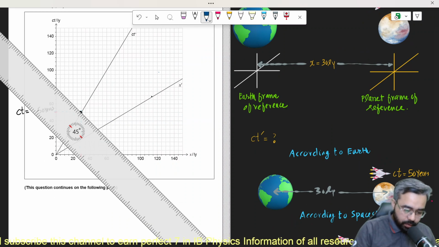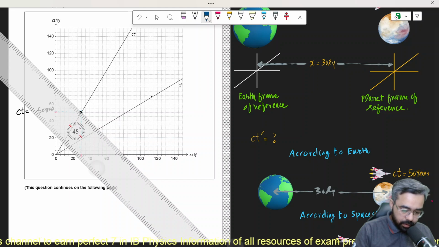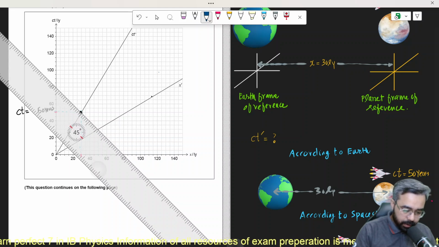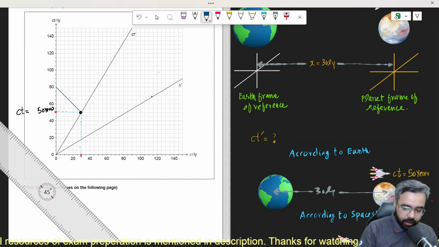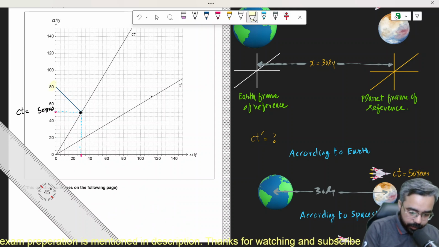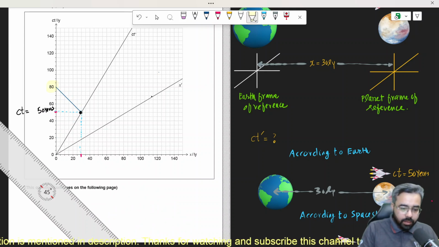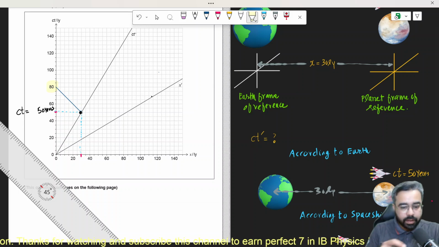So dear students, as you see on the space-time diagram, I'm going to draw a line that will coincide with the ct axis. And at what value, this is very important, right? It would be 80 years, okay.